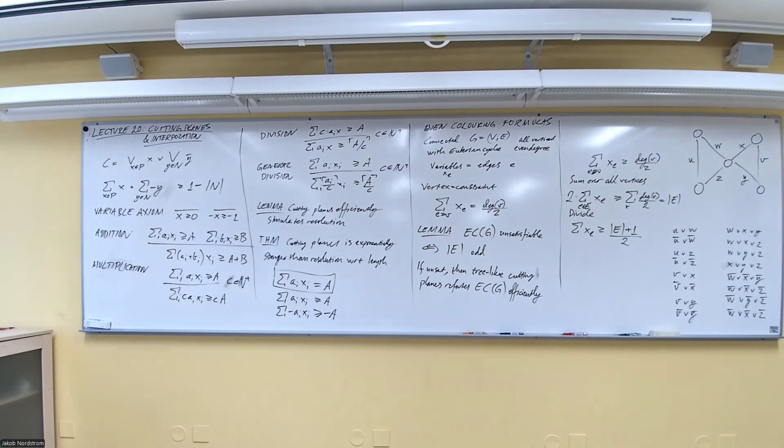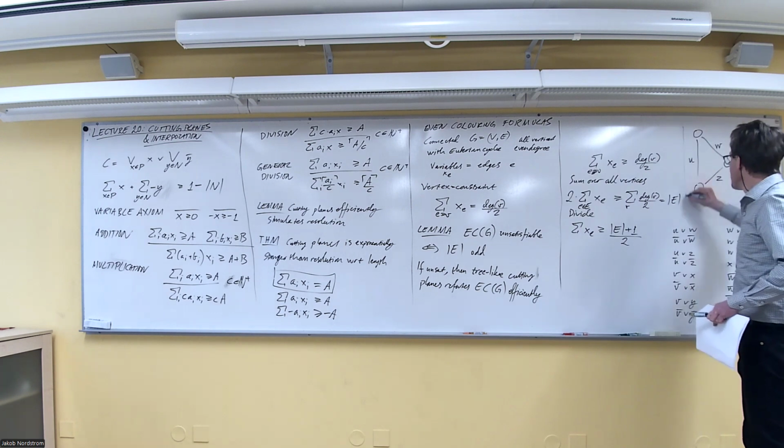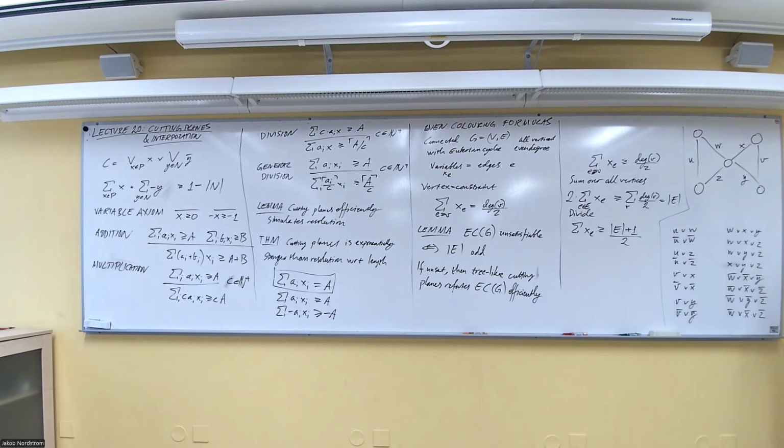I'm cheating you a little bit on the details, so let me back up like 3 seconds to make sense of what I said. It's hard to do a small cute example of the even coloring formula. This one in particular has an even number of edges, so it will be satisfiable. Suppose you have a graph like this, and the edges are u, w, z, x, y, v.